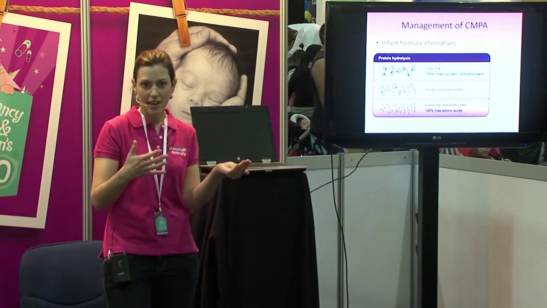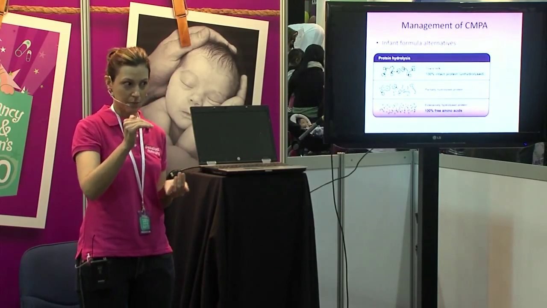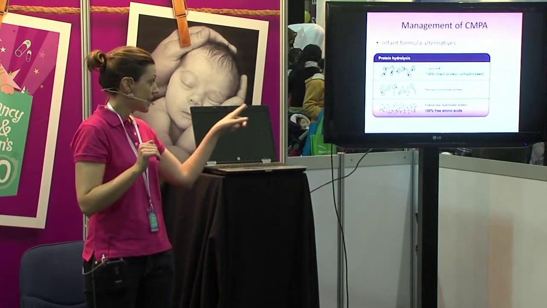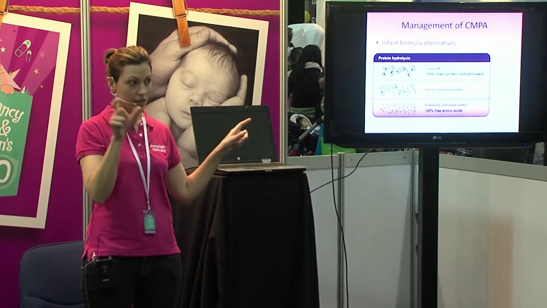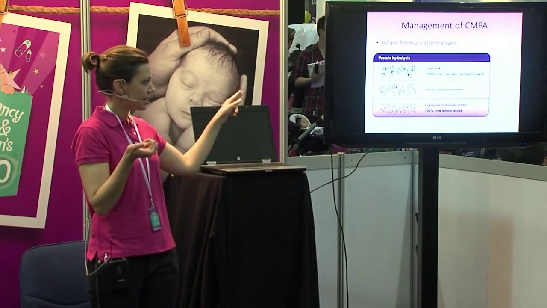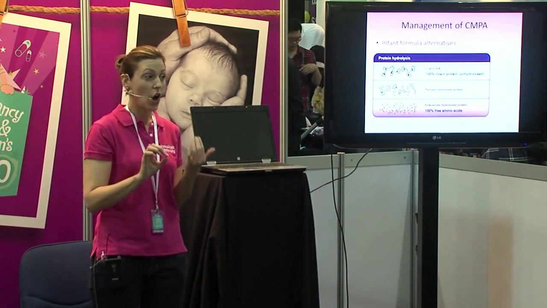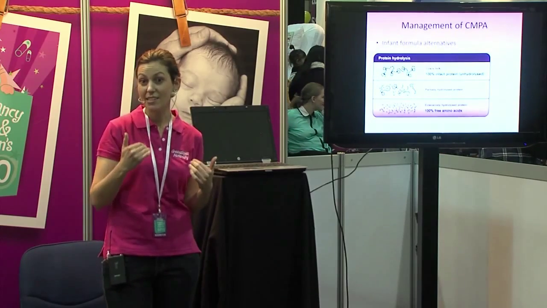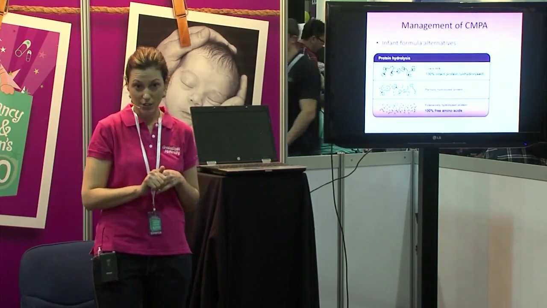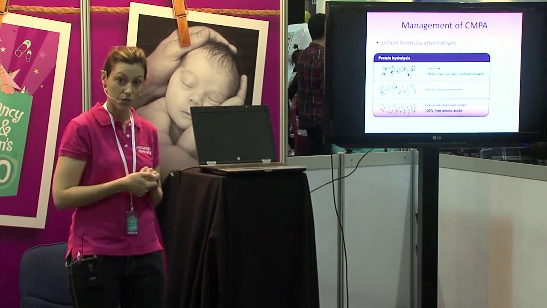And they may be enough to help the symptoms in your child, but often they're not. And you need the protein broken down even smaller, sometimes even to the point that it's broken down into its building blocks, which are the amino acids. So your extensively hydrolyzed and your amino acid formulas actually are only available on prescription. So you need to see a doctor, usually a pediatrician or a gastroenterologist, to get these formulas prescribed.